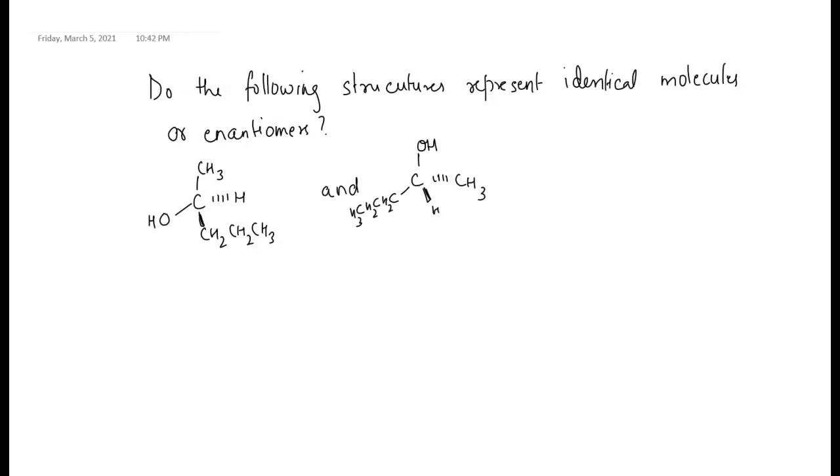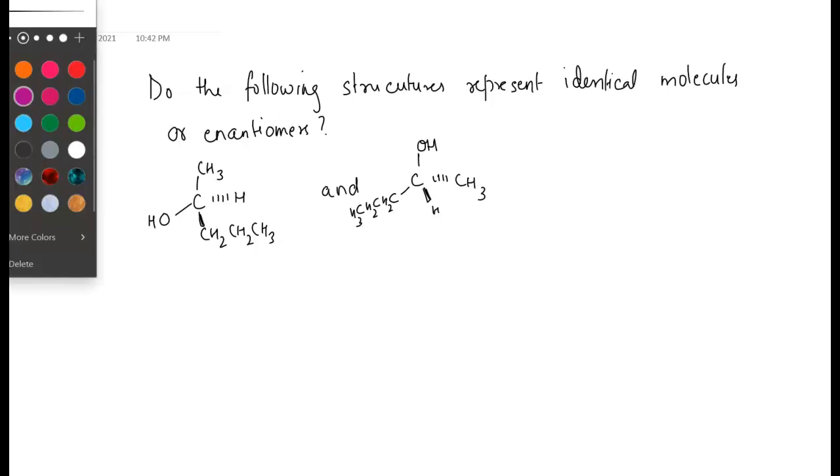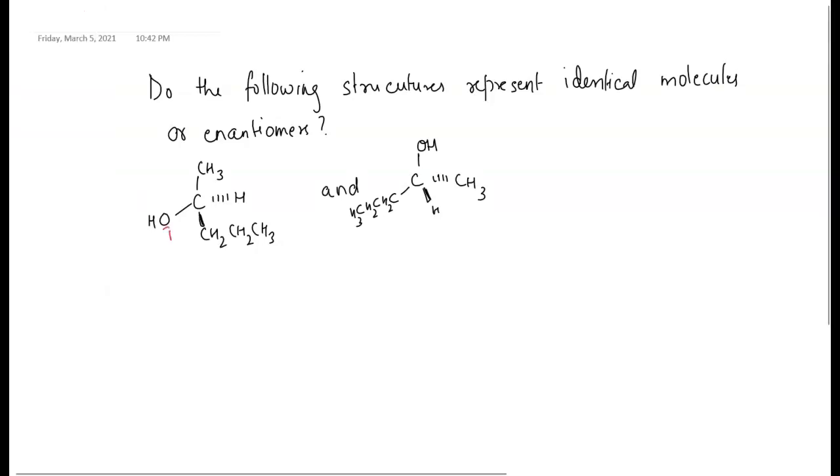So the best way to figure that out is to assign stereochemistry at the chiral centers. And we know that these two carbons are the ones that represent the chiral centers. So let's put the priorities again of the groups. This is 1, this is 2, and this is 3, and this is 4. Now in this case, the lowest priority is already in the back, so you just go from 1 to 2 to 3.